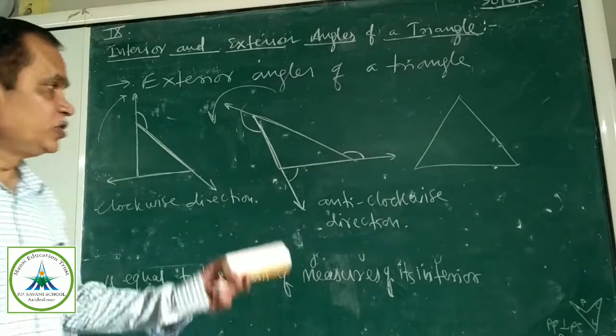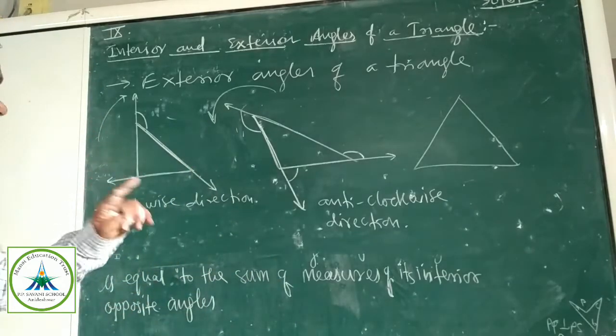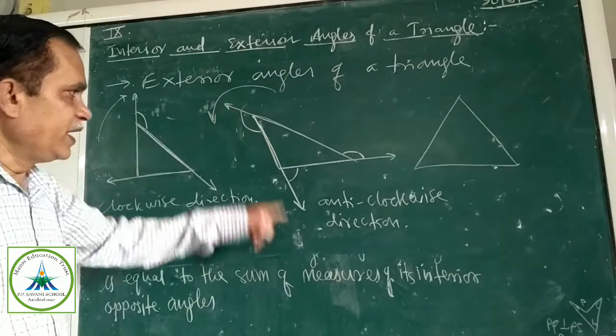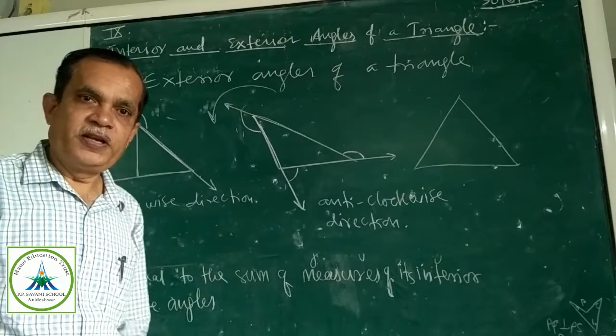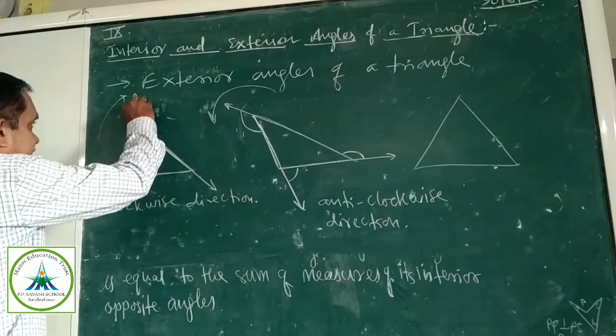Got it? Now see students, there are two ways of production, either clockwise or anti-clockwise. So when we produce sides, we get external angles.